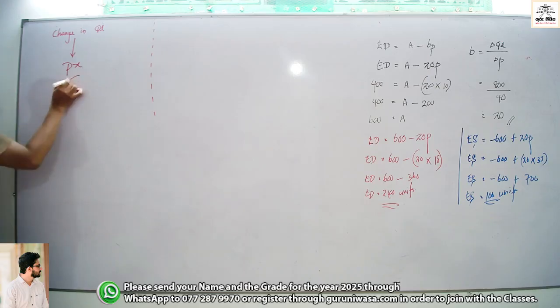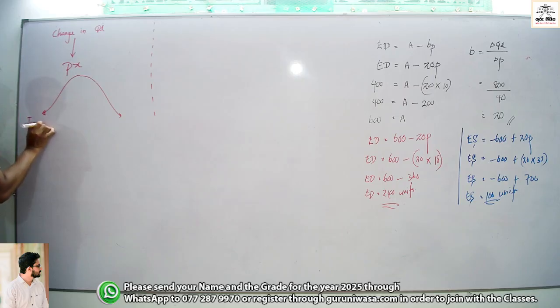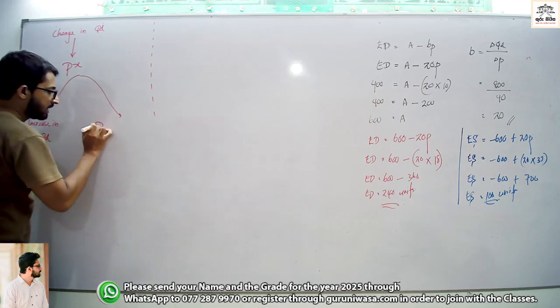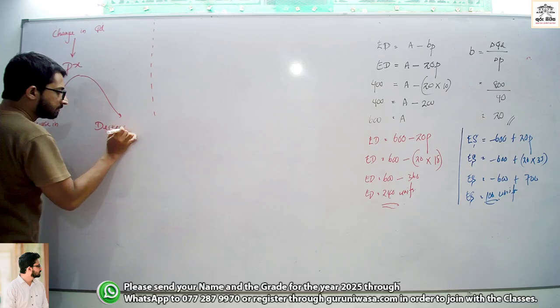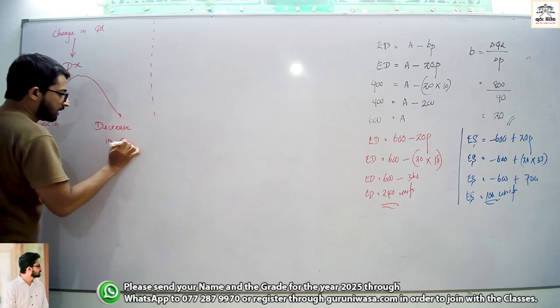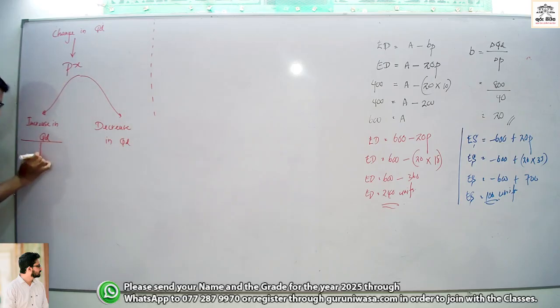There are two points: increase in quantity demanded and decrease in quantity demanded. Increase in quantity demanded is caused by a decrease in the price of the concerned good.